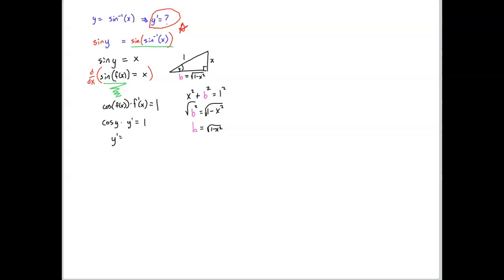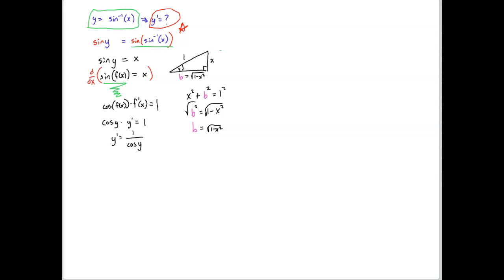So y prime equals 1 over cosine y, which is the true derivative, but since my original function wasn't implicitly defined, my original function was just given as y as a function of x, I would like my derivative to also just be a function of x.